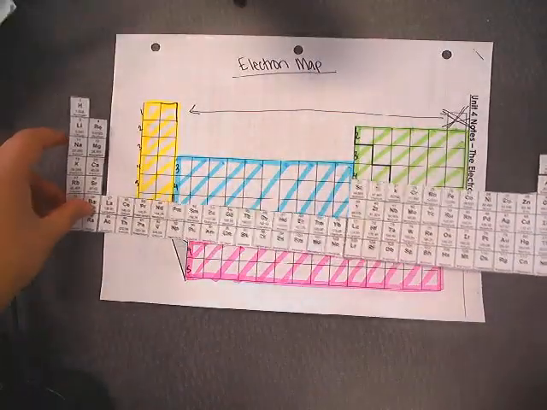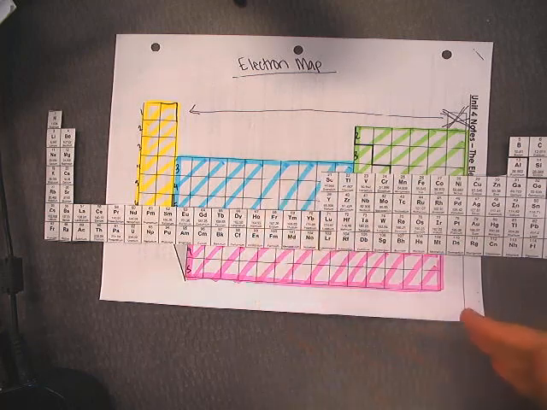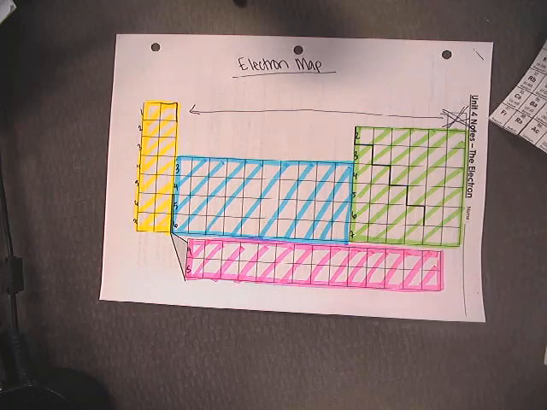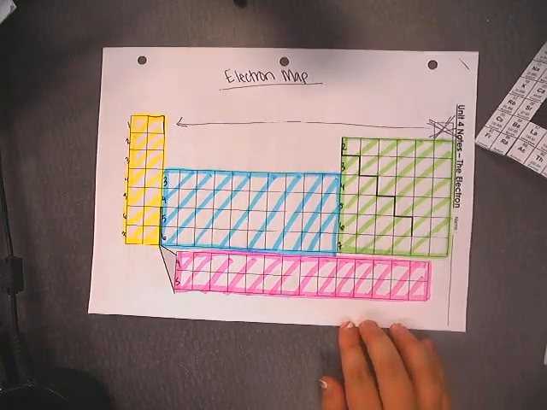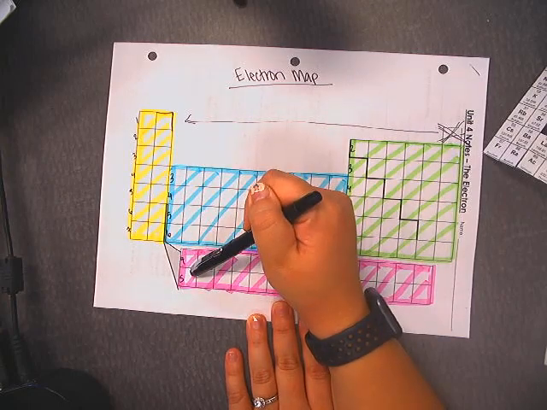But I ended up taping it so that you could actually see what the entire thing would look like this way. The only reason that they cut it and put it at the bottom is so that it's small enough to fit on a single piece of paper and you can still read it and it doesn't have to be tiny. So here, we have this little bridge on the periodic table that I gave you to remind you to come down to this section.